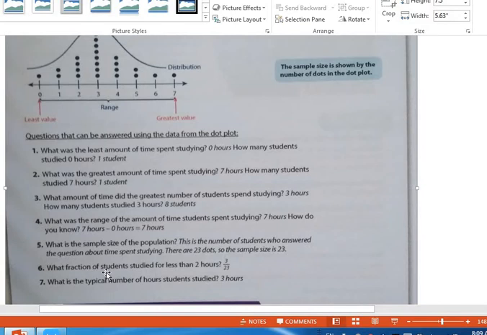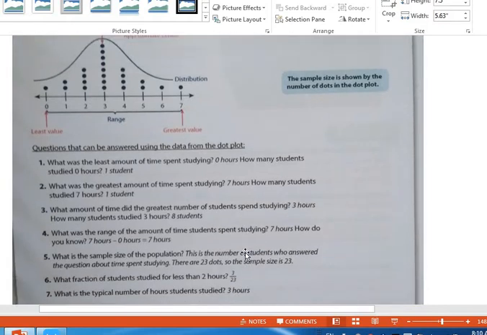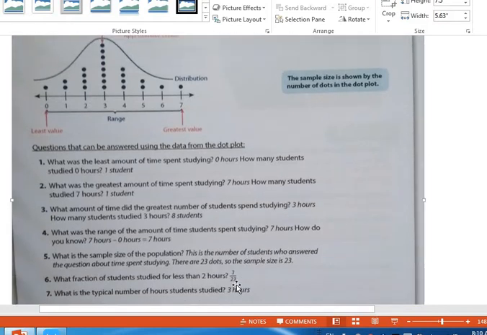What fraction of students studied for less than 3 hours? Here, you will find them to be 3 over 23, 3 out of 23 students.